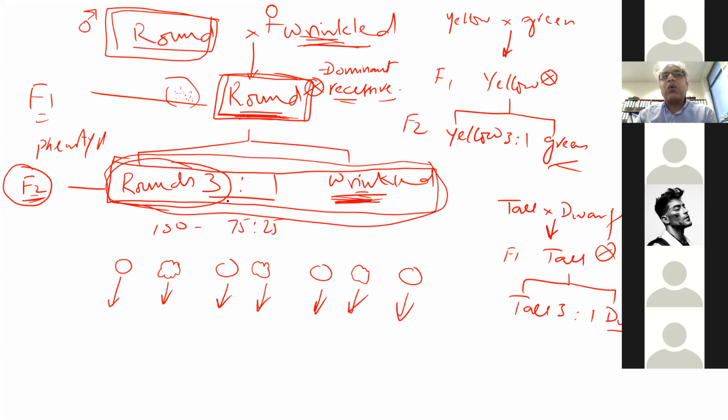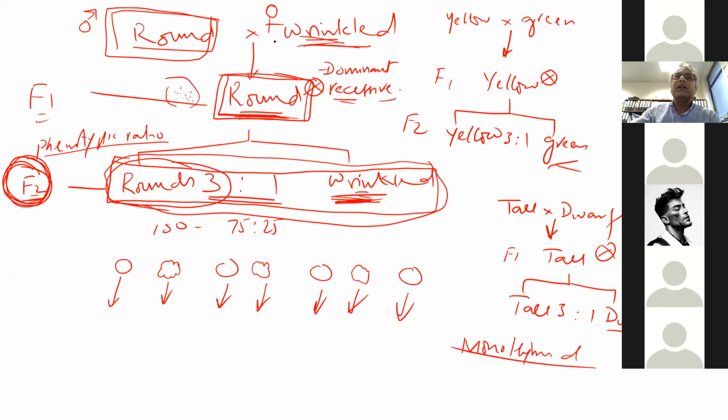So 3:1 is the phenotypic ratio of F2. F2 phenotypic ratio is 3:1 in a monohybrid cross. We are doing a monohybrid cross. Mono means single, and hybrid is when you are using 2 different parents. When you use 2 different parents and you are chasing only one trait, you have a 3:1 phenotypic ratio.